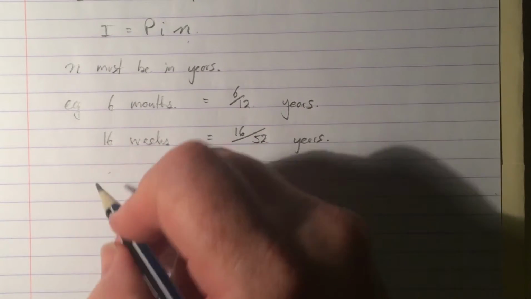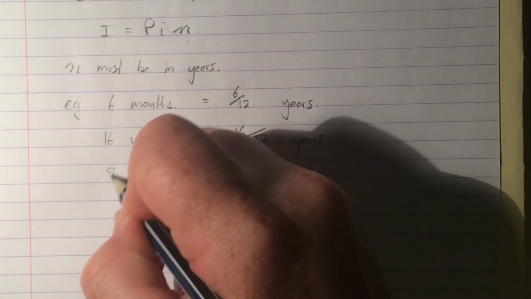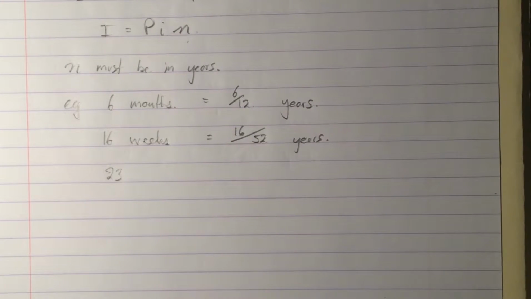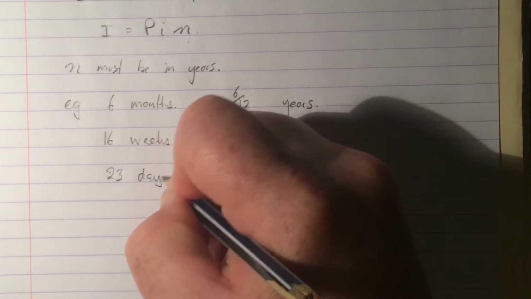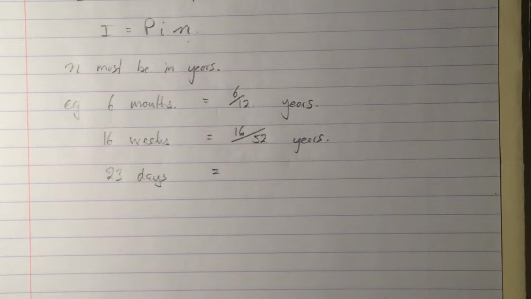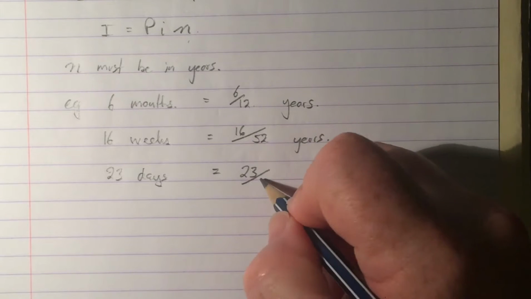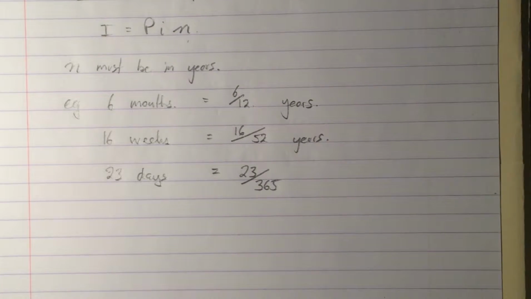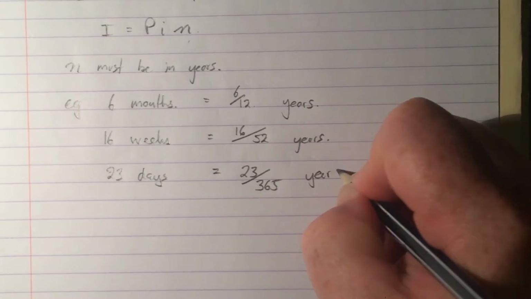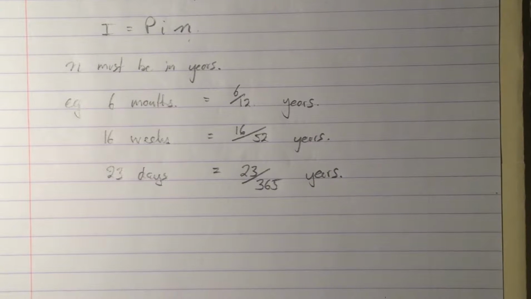We can do the same thing with days. Say, for example, we had a loan for 23 days. We can express 23 days in years by writing 23, the number of days, over the number of days in a year.